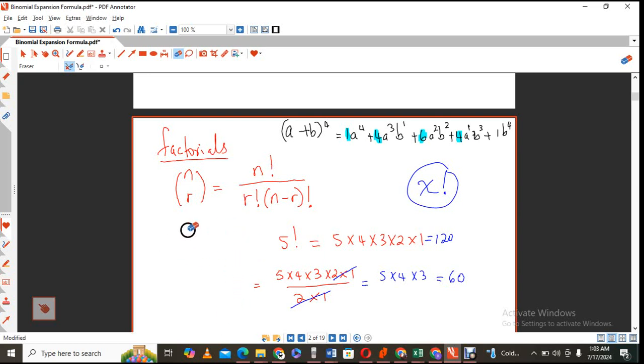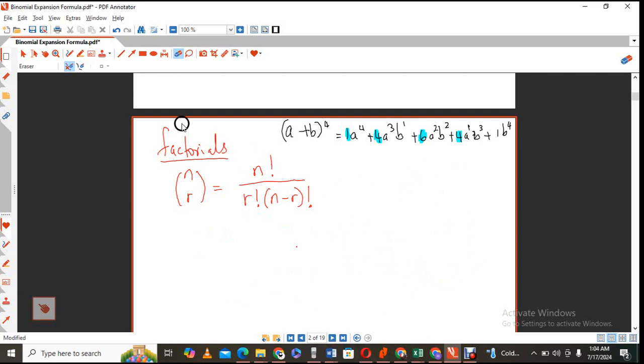The way we write it is you can decide to write it in vector form, so to speak, where you can say n choose 0. If we have (a + b) raised to the power of n, the n is the index, and here our n is going to be 4.